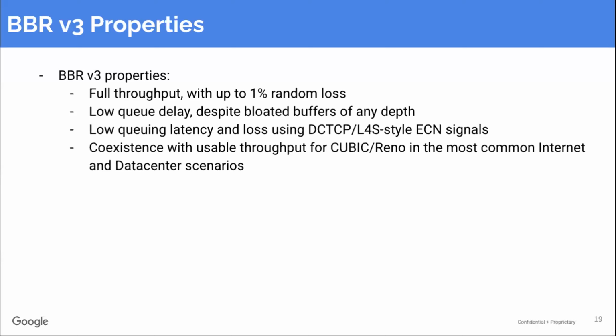Again, it can achieve low queuing delays no matter how deep the bottleneck buffer is. It's able to use ECN signals to keep delays and loss even lower when those ECN signals are available. And it has coexistence with Cubic and Reno that provides usable throughput for both algorithms, BBR and the incumbent algorithm, in the most common internet and data center scenarios.